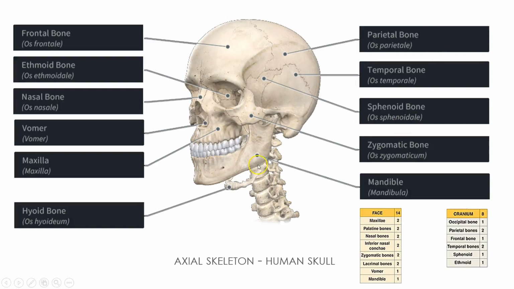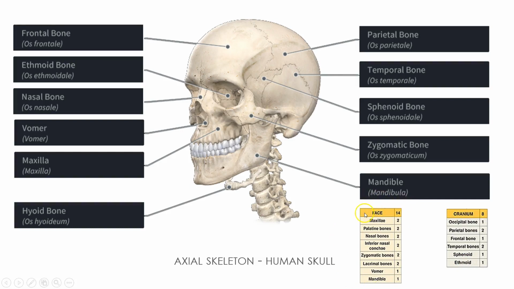The human skull comprises the facial component and the cranial component. The cranium has 8 bones: 2 paired parietal bones and temporal bones, and the occipital, frontal, sphenoid, and ethmoid bones.